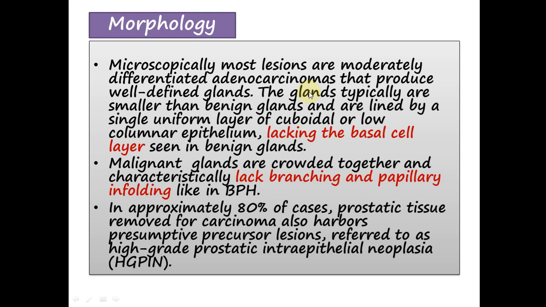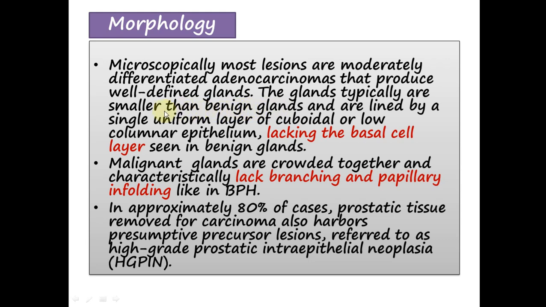And it is important to mention that the glands formed by the neoplastic prostatic cells are smaller than those glands formed in benign prostatic hypertrophy. In benign prostatic hypertrophy or hyperplasia, both layers, the basal cells and the columnar epithelial cells, are present, and they form papillary projections that project into the lumen of the glandular tissue.